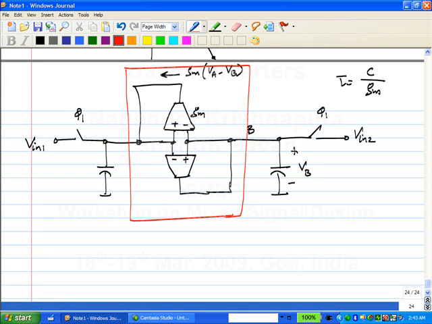Okay? Now you can think of phi 1 as the written test phase and phi 1 bar as the interview phase. Correct? You do not want the interview panel to be talking to all candidates, right? You want them only to talk to candidates who passed the written test, right?